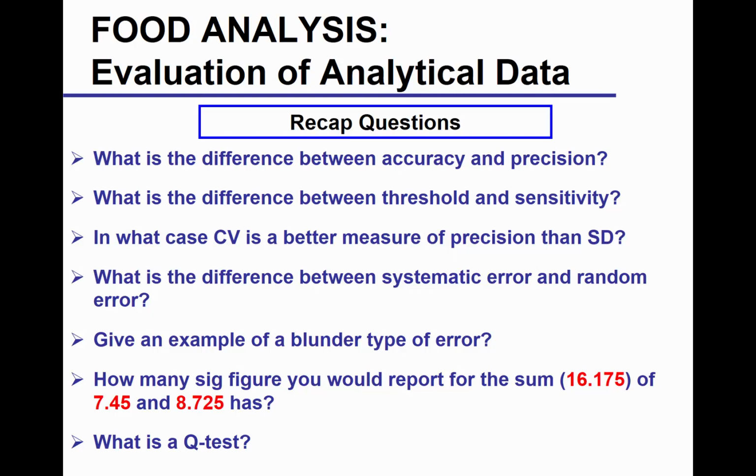The difference between accuracy and precision, we said that at the beginning of the lecture. We talked about the difference between threshold and sensitivity. Threshold is the lowest, or the limit, the detection limit. You can take a picture of that too, that's fine. And sensitivity is the lowest difference you can detect between samples.